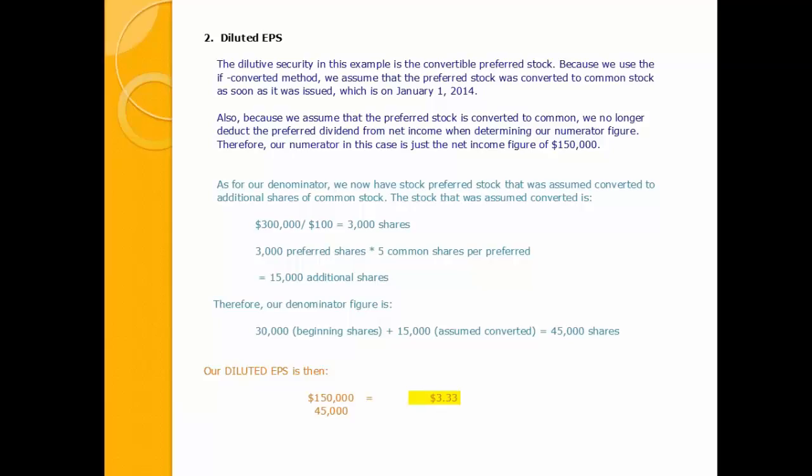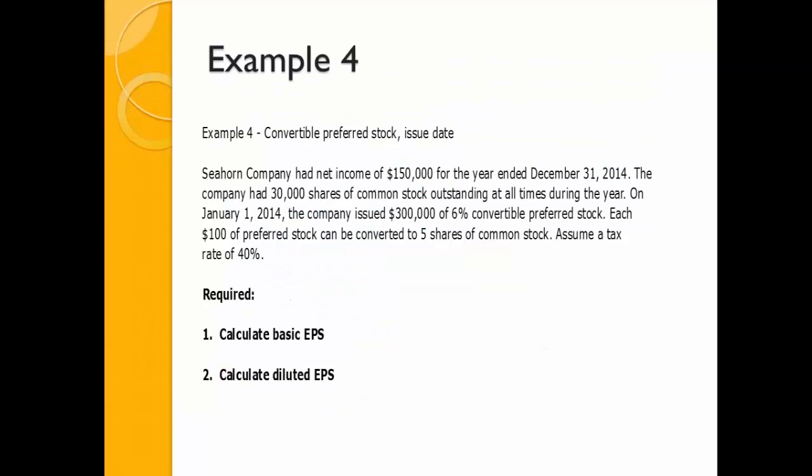Therefore, we have the beginning shares, 30,000, plus the 15,000 assumed converted shares, so we have total shares of 45,000. Therefore, our diluted earnings per share is 150,000 divided by 45,000, which is $3.33. Let's look at the next example.